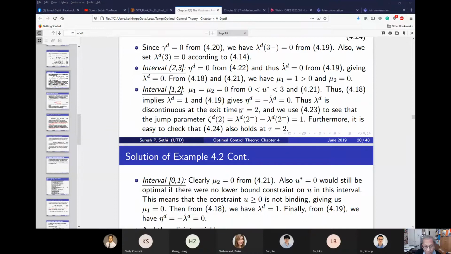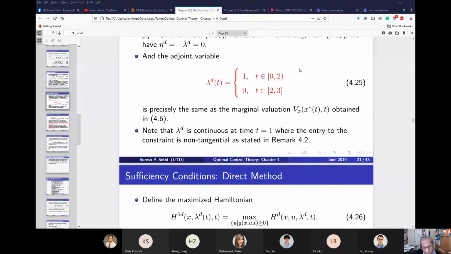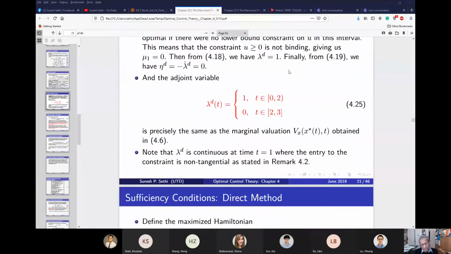Once you are at 2, you go to 1, 2, then 0, 1. Let me just write this down. When you do all of that, we will see the adjoint variable lambda is actually 1 in this interval and 0 in that interval.